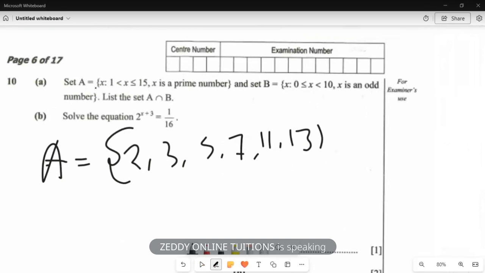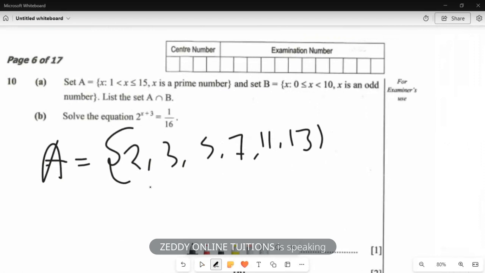What of odd numbers? Odd numbers are numbers where, if you divide them by 2, they don't give you a whole number. An even number is the one that gives you a whole number if you divide by 2.